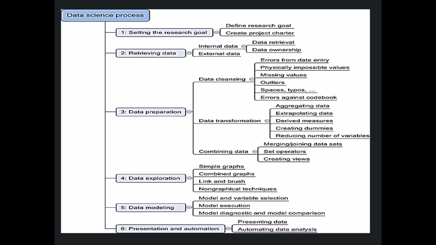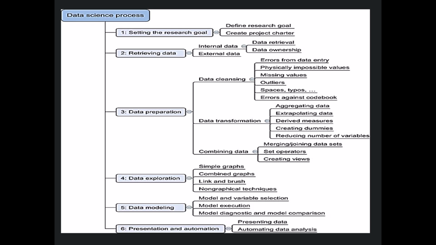So finally, I revise this topic. The data science process involves 6 steps: setting research goal, retrieving data, data preparation, data exploration, data modeling, and presentation and automation. Setting research goal involves how, where, when, what. Retrieving data involves internal organization and external organization.